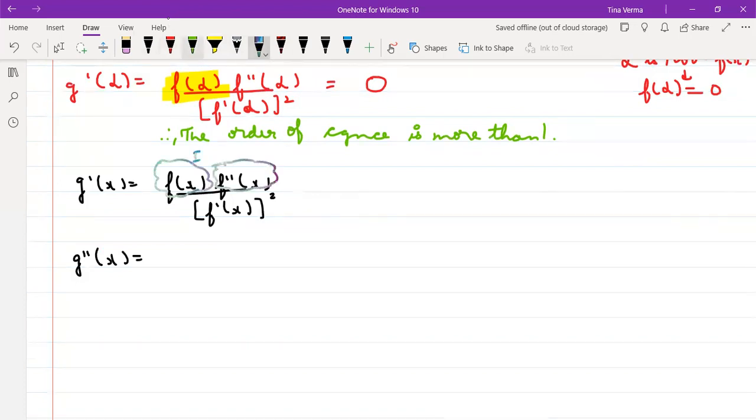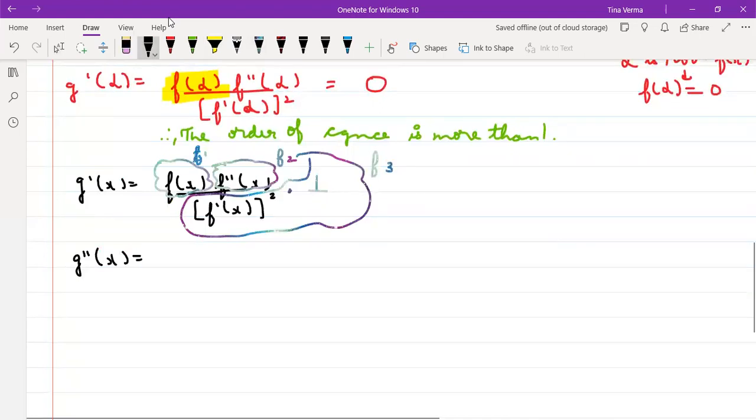I'm naming this f1, this is my second function f2, and since this is in the denominator, you can take this as 1 upon, and regard this as the third function. Since you have UVW, you can find its derivative.